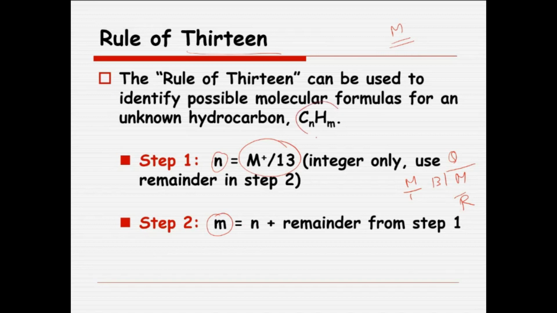So your molecular formula is CnHn+m, where n is the quotient and m is the remainder. Let's try benzene, C6H6: 72 plus 6 is 78. Suppose I don't know the formula, and I'm given 78. So 78 divided by 13, what do we get?